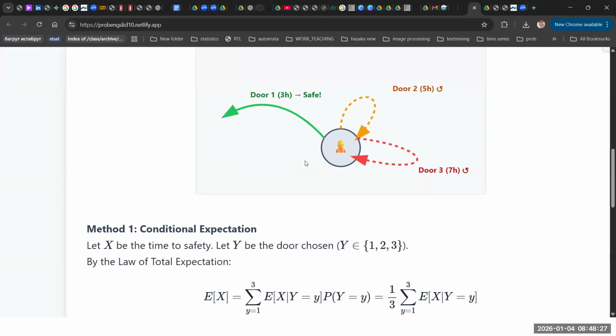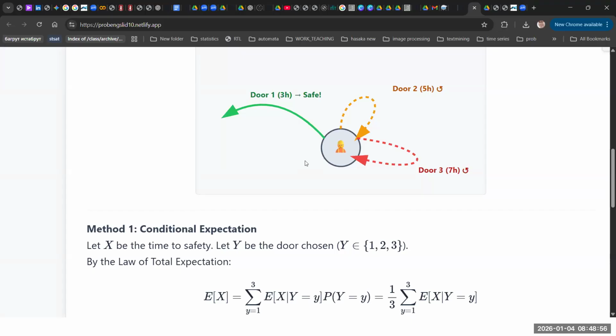Let us think about the next door. It's a very important thing. What is the expected value of x given y equals 2? First of all, this miner travels 5 hours, so it equals 5 plus something, plus a continuation.